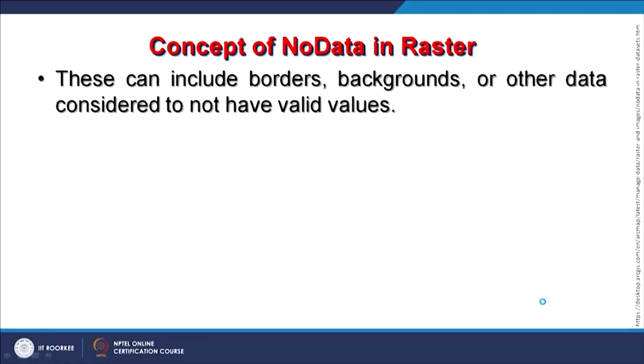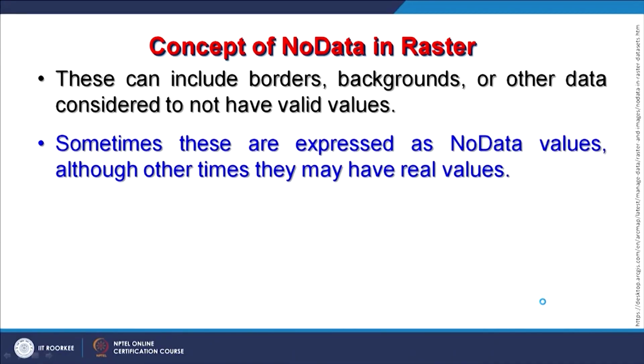So that the system would know, whenever there is a calculation, suppose I develop a slope map from this digital elevation model, then during that calculation these no data values will be ignored. Now, this concept of no data also includes borders, because in border areas, when we are handling an arbitrary boundary raster, we can have the no data value in the background, and sometimes these are expressed as no data values, although other times they may have real values.